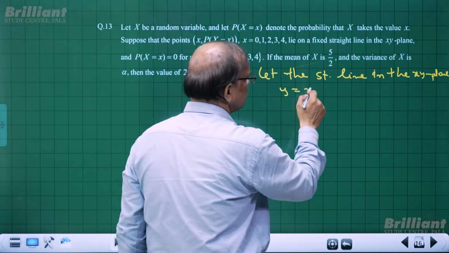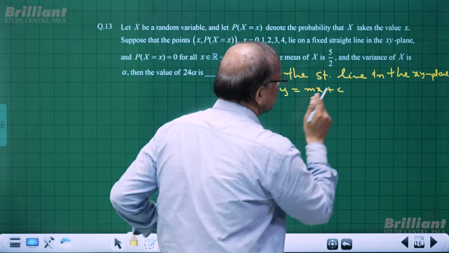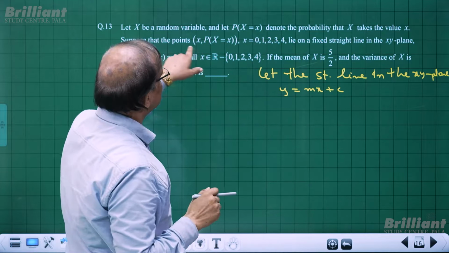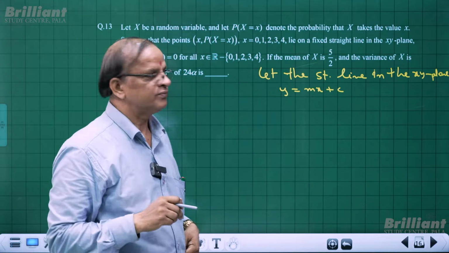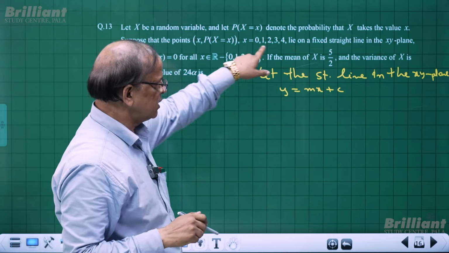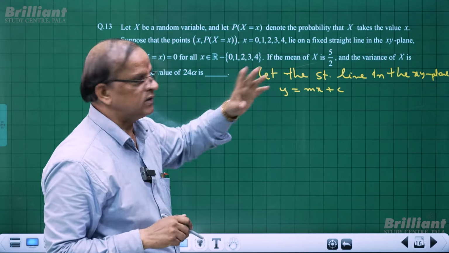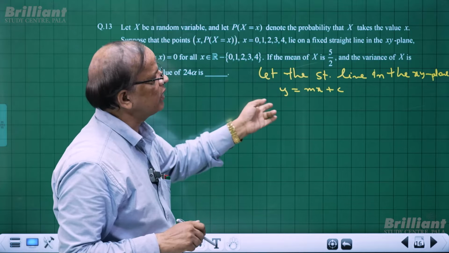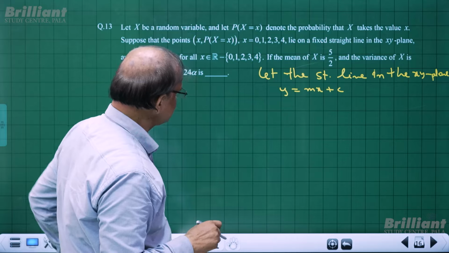So, y is equal to mx plus c. Now, these points lie on this line, but of course, here it has 5 values, so 5 points on this line.